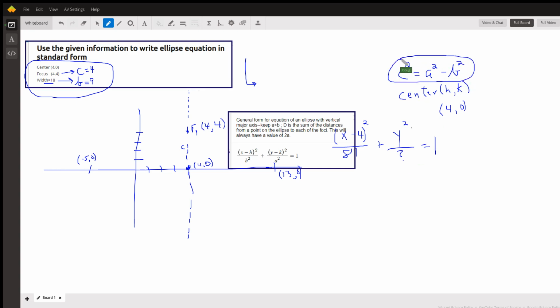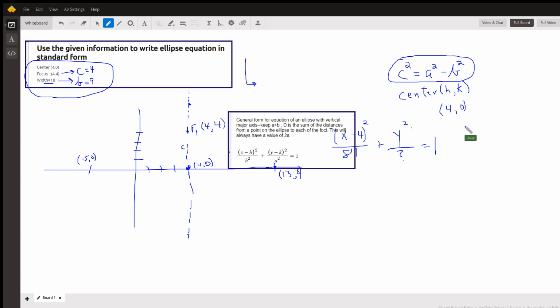equation right here, where C is the distance from the center to a focus, A is the distance from the center to one of the major vertices up here somewhere and down here somewhere, minus the distance from the center to one of the conjugate vertices. So let's substitute what we know.